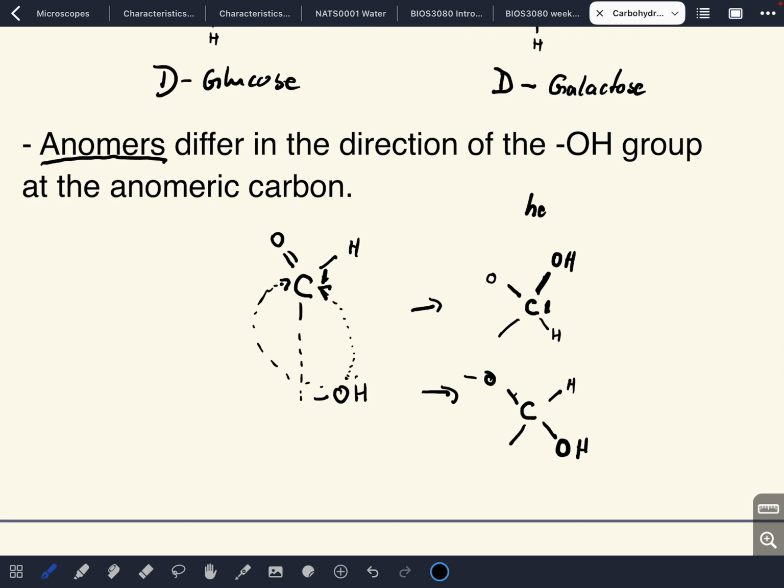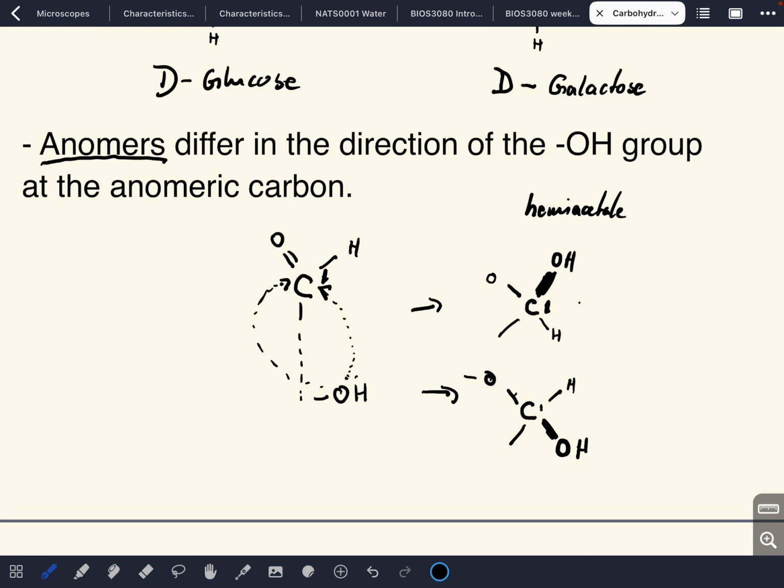As I said, we've got the hemiacetal reaction, and they differ really just in the way the OH group at this carbon that used to be our aldehyde is orientated.